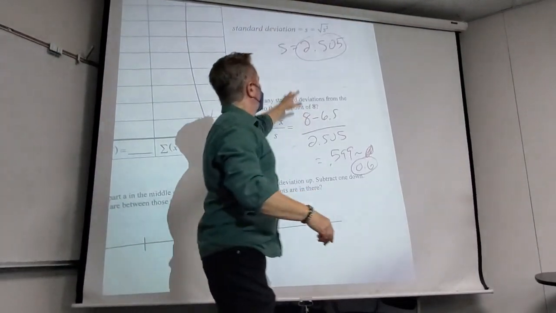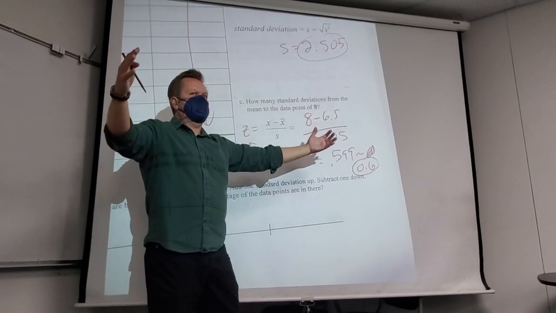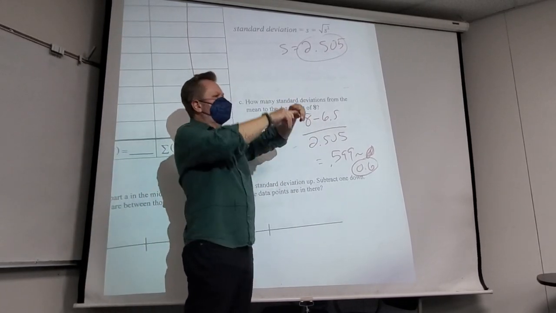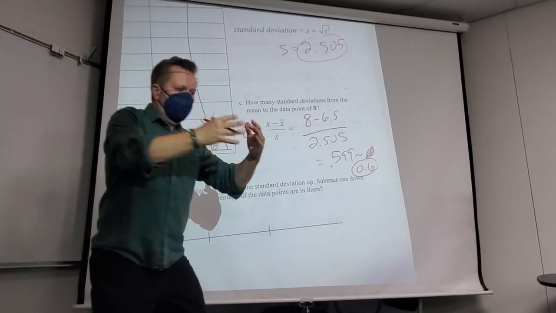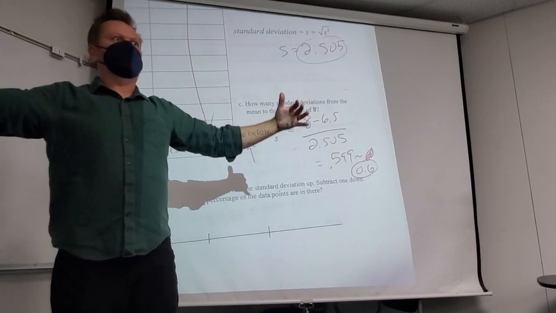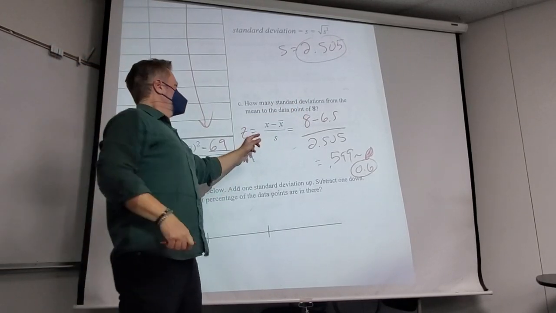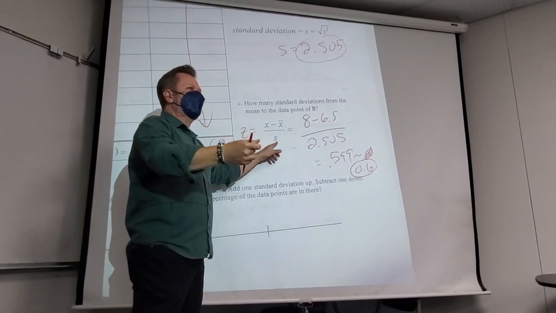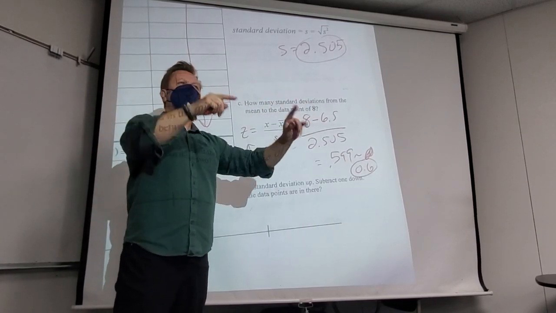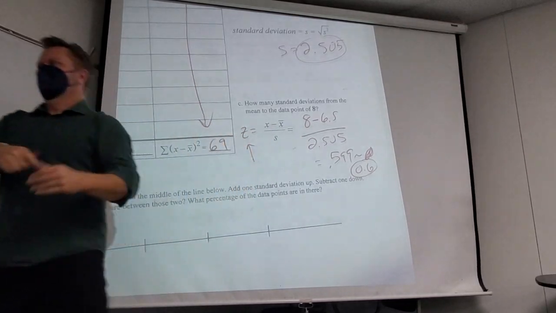So standard deviation is sort of like, okay, what makes sense in terms of how spread out the data is to use? We're going to use 2.5 for a step. If I had really spread out data, I'd want to use maybe 25 for a step. So I will sometimes call standard deviation a step. But be careful, if I'm asking a conceptual question on the test, don't say step, say standard deviation, right?